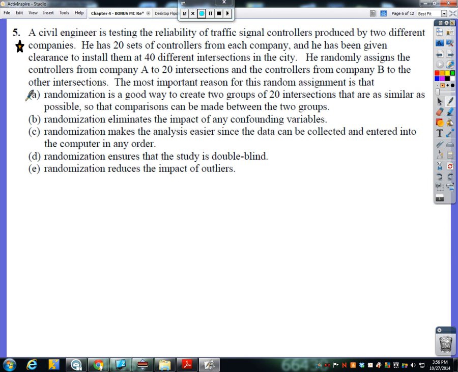Well, that sounds pretty good. But the thing to note here, it says the most important reason, which means there's probably going to be multiple things that work, but one's going to be better than the others. So let's keep looking here. Randomization eliminates the impact of any confounding variables. That's true as well.